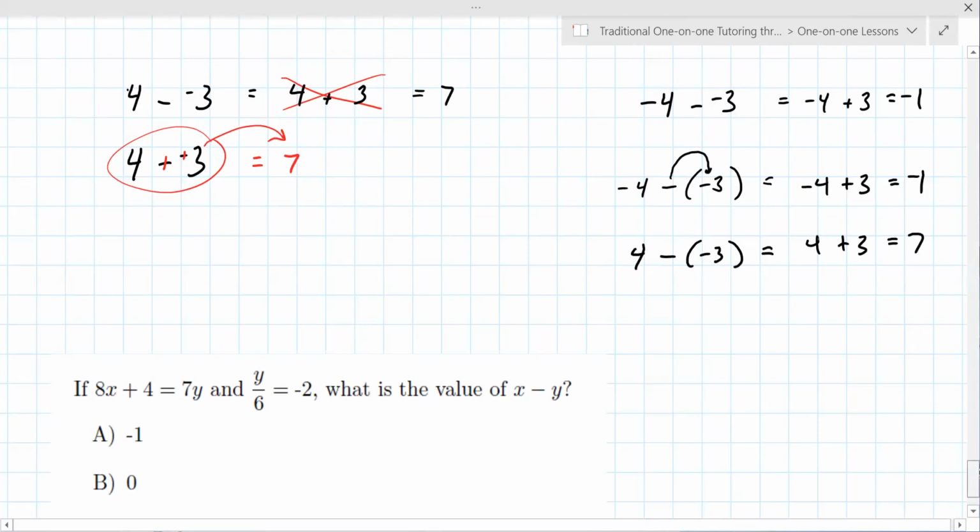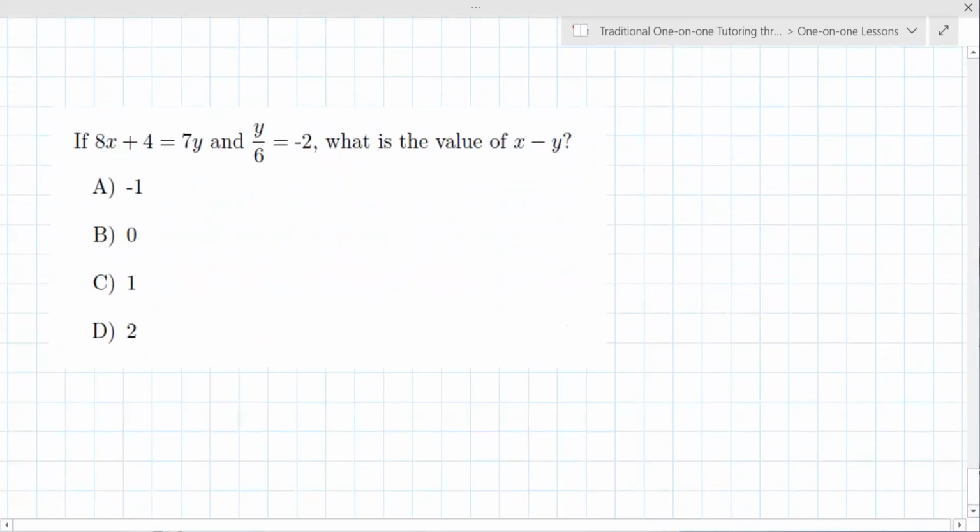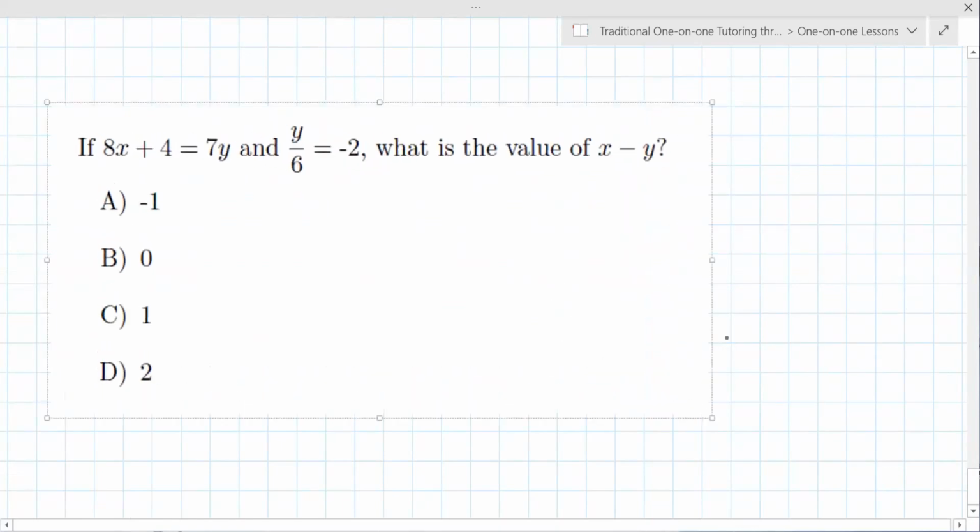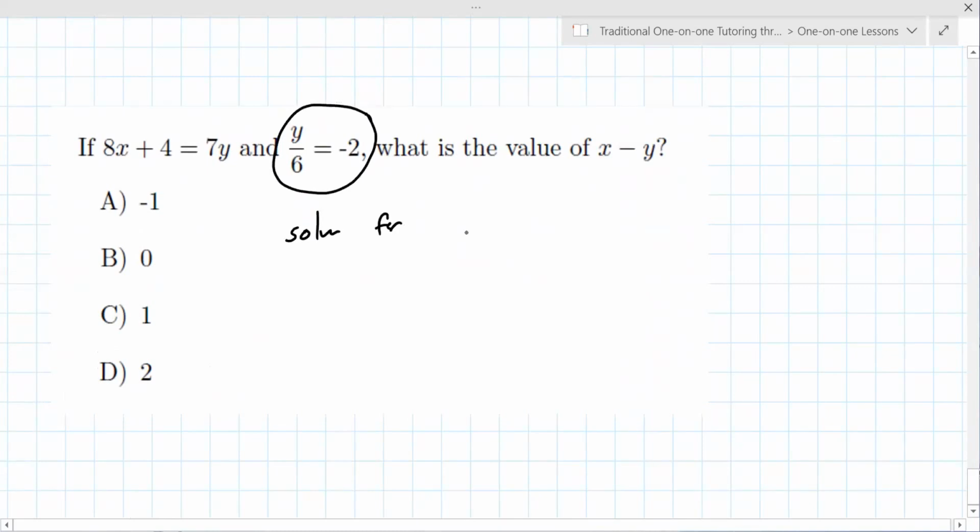Okay. All right. Okay. Let's try this problem here. This is probably the last problem for today. So I want you to first solve this for y. Let me know your value of y. Okay. -12. Yep.